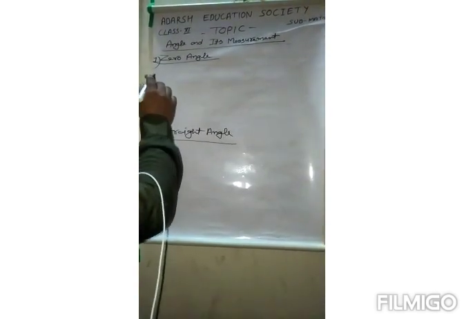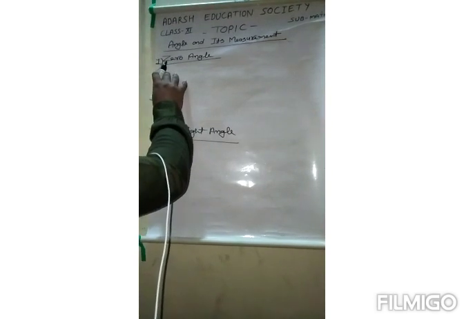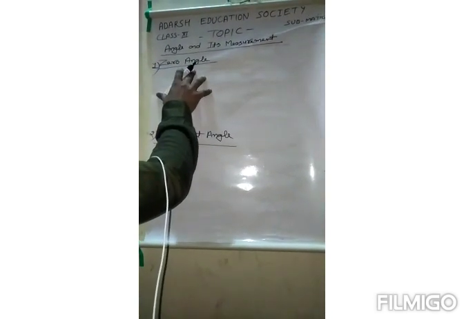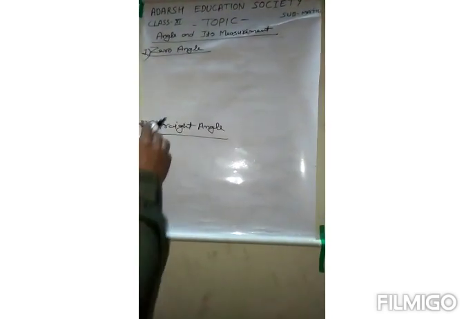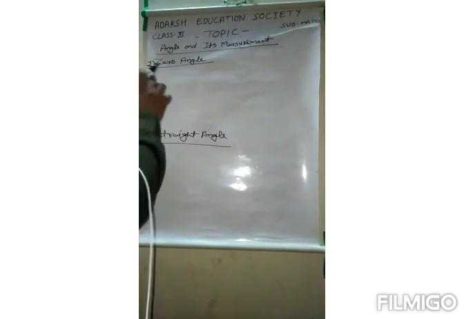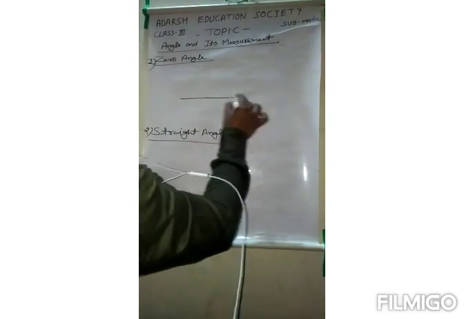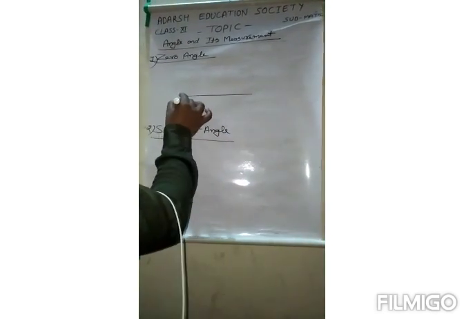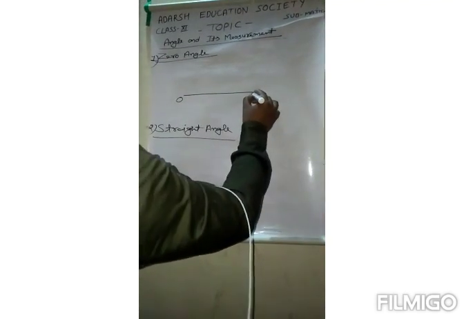The next topic is zero angle. Students, there are a few types of angle that you have to study in this chapter. The first topic is zero angle. It is an angle for which there is no sense of rotation.